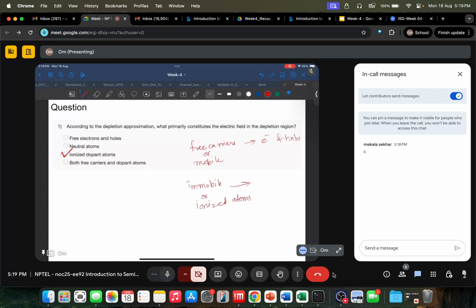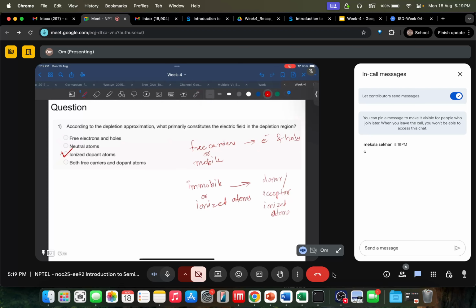These are your donor and acceptor ionized atoms, which have already given an electron or hole, and now they are just fixed and act as fixed charge.